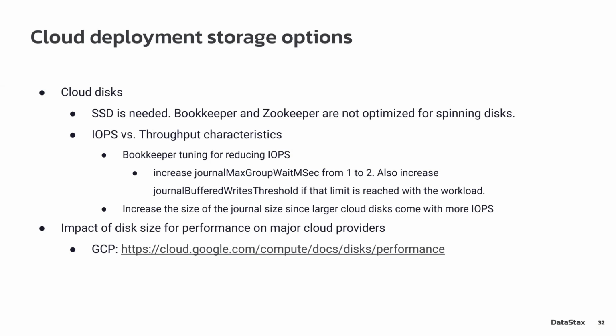For example, you might only need 10 gigabytes, but you might be setting it to 256 gigabytes just to get a lot more IOPS. And for example, for GCP, you could check online from this webpage the different impacts of the different size parameters.